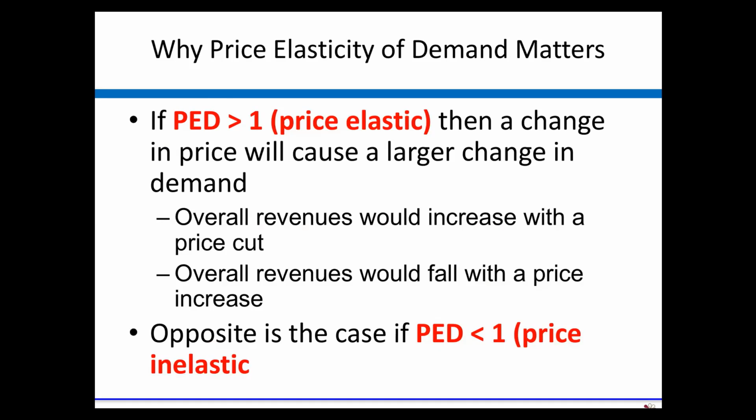Conversely, for an inelastic product where PED is less than 1, if you increase the price by 10%, the change in demand will be less than 10%. So over most ranges of price changes, you should expect revenues to increase. But of course, it won't always happen. There'll come a point at which a price inelastic product becomes elastic because the price is simply too high.